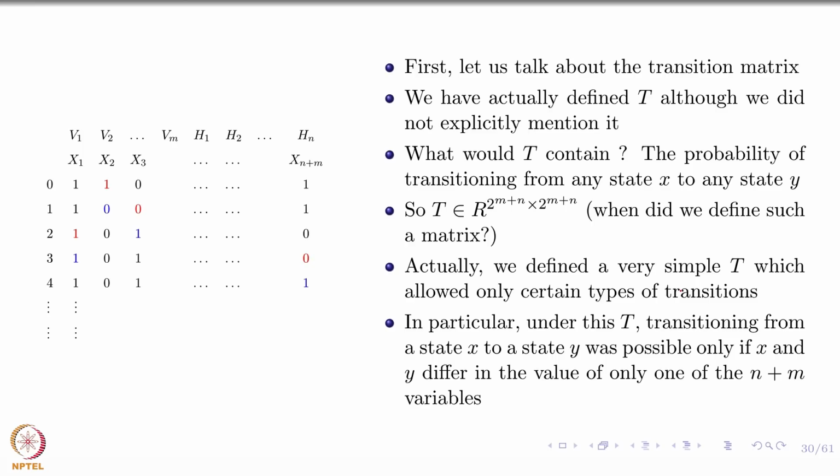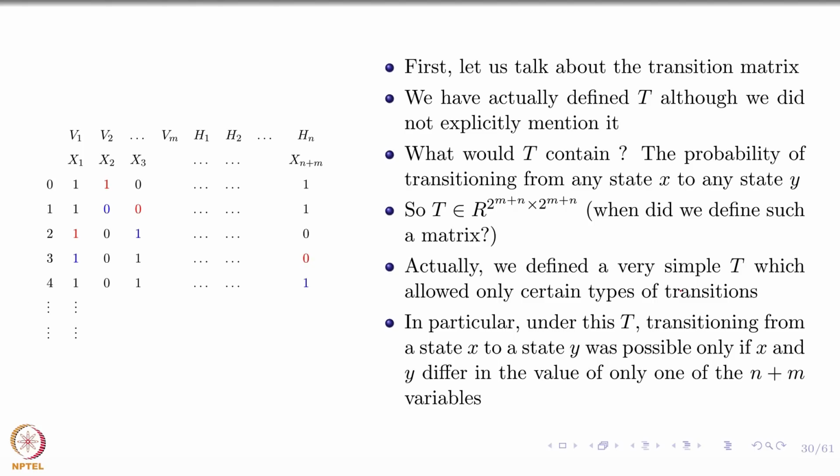So that's the same as saying T of xy is equal to 0 if... do you get the question? We define the procedure in such a way that we allow only certain types of transitions. That's the same as saying that I will not allow you to transition from state x to state y if they differ in more than one random variable.